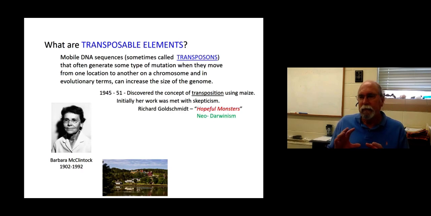And in fact, what was interesting about it is that Goldschmidt had proposed this idea of what were known as hopeful monsters. This idea that as evolution proceeded, there were these new things that showed up, and they potentially functionally were these weird new variants. It's kind of like these sports, I guess, that Darwin had talked about. Well, it's the 1940s, 1950s.